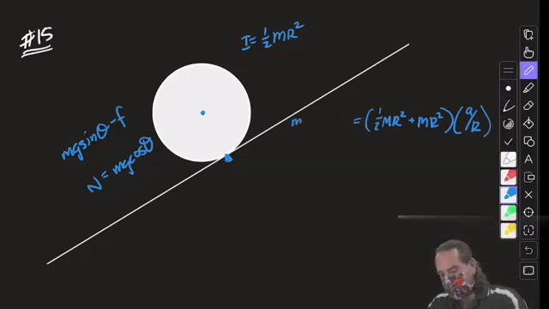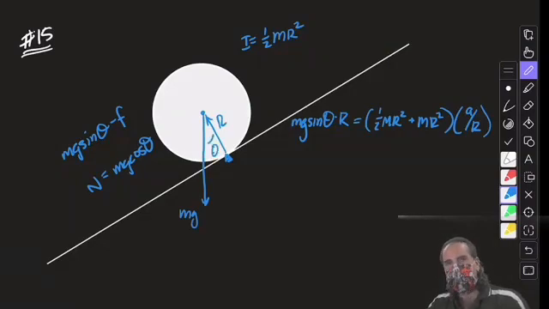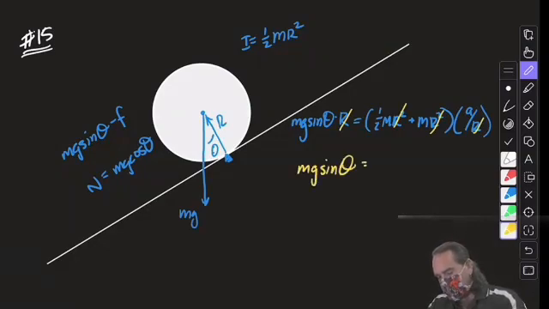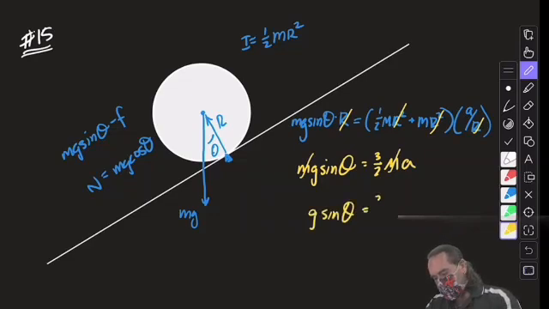The torque is mg sine theta times R. Like I said, we did this in class, so I don't feel too bad rushing through it. All that look familiar? The R's all cancel out. And we get mg sine theta equals 3/2 m times A. The m's cancel out. I get g sine theta equals 3/2 A.